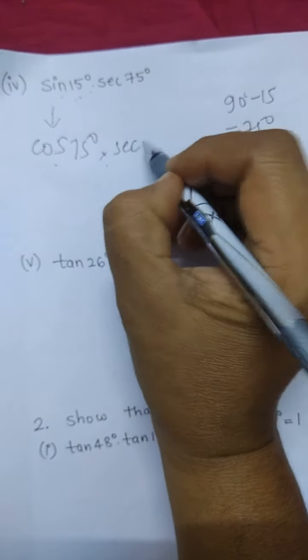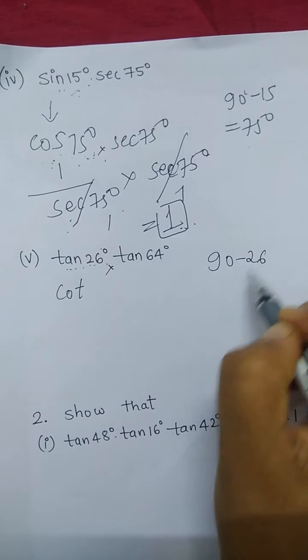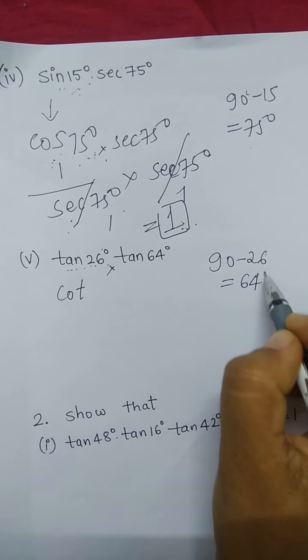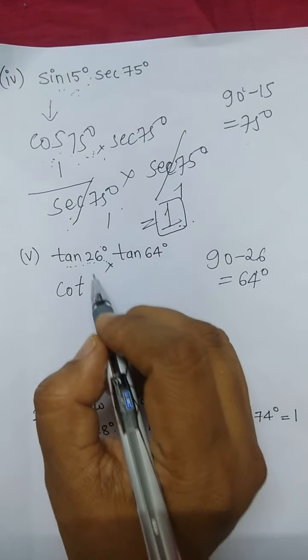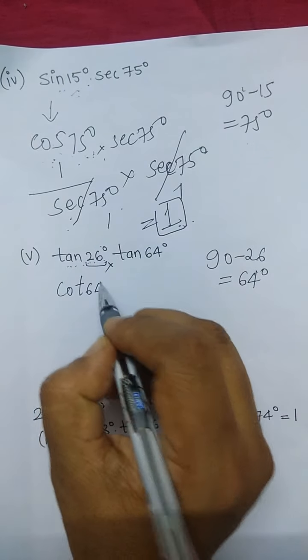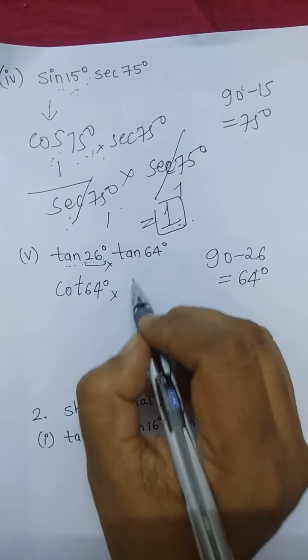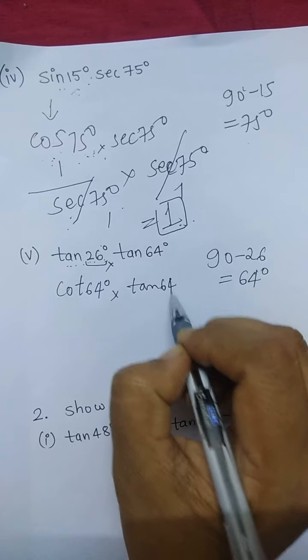Similarly here, tan 26 degree. Tan's complementary ratio is cot, and 26's complementary angle is 90 minus 26. How much? 64 degree. So 26's complementary angle is 64 degree, into tan 64 degree.